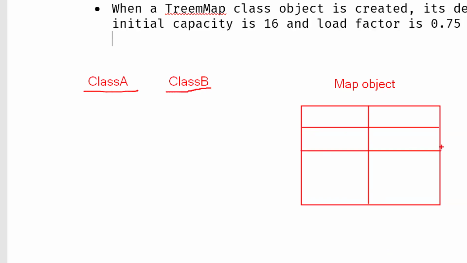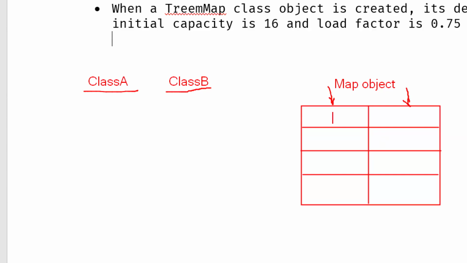What I want to do is store objects of class A as keys and objects of class B as values.